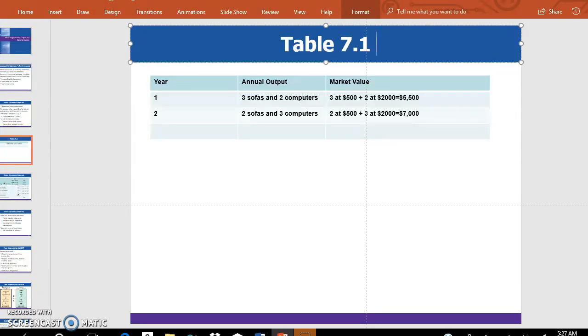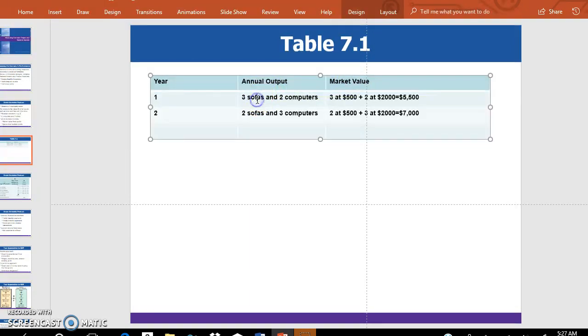Let us discuss. Suppose we have year one. In year one, in one country, they are producing three sofas and two computers. And the same country in the next year, year two, is producing two sofas and three computers. So they use all the resources of the country and produce these outputs, right?